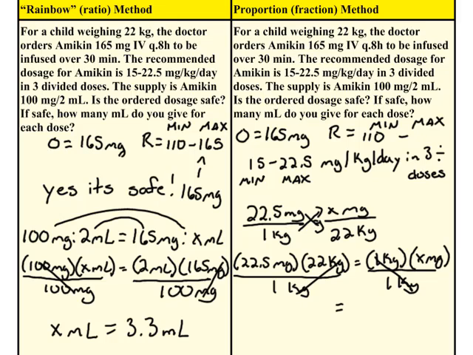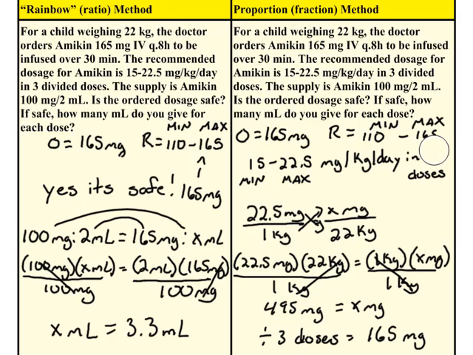Once we perform this calculation, we discover that we're allowed to give a maximum of 495 milligrams per day. But again, this is a daily dosage and we want it per each individual dose throughout the day. Therefore, we need to divide it into 3 doses. And when we do so, we discover we're allowed to give a maximum of 165 milligrams per dose.